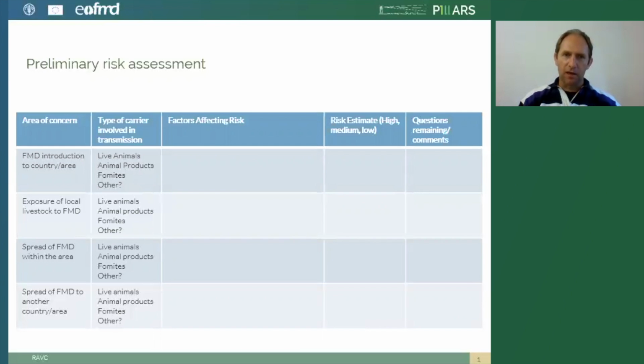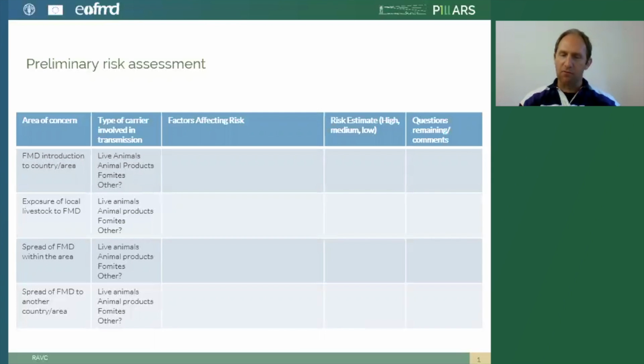When we identify a movement or flow of animals that's relevant, we'll then identify some of the risk factors that affect this risk. So it could be, for example, we mentioned movement of animals across the country, and this is greater at certain times of year.